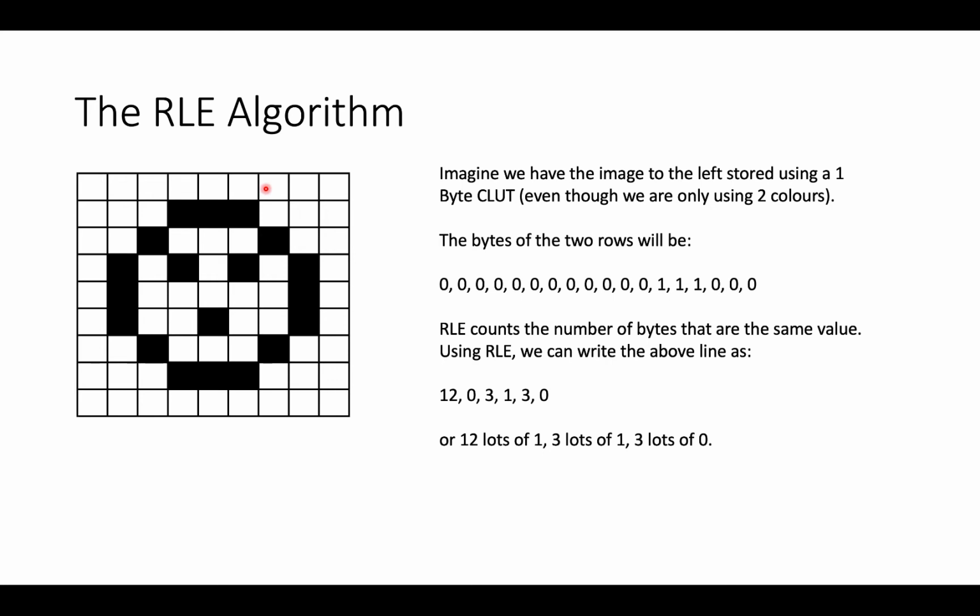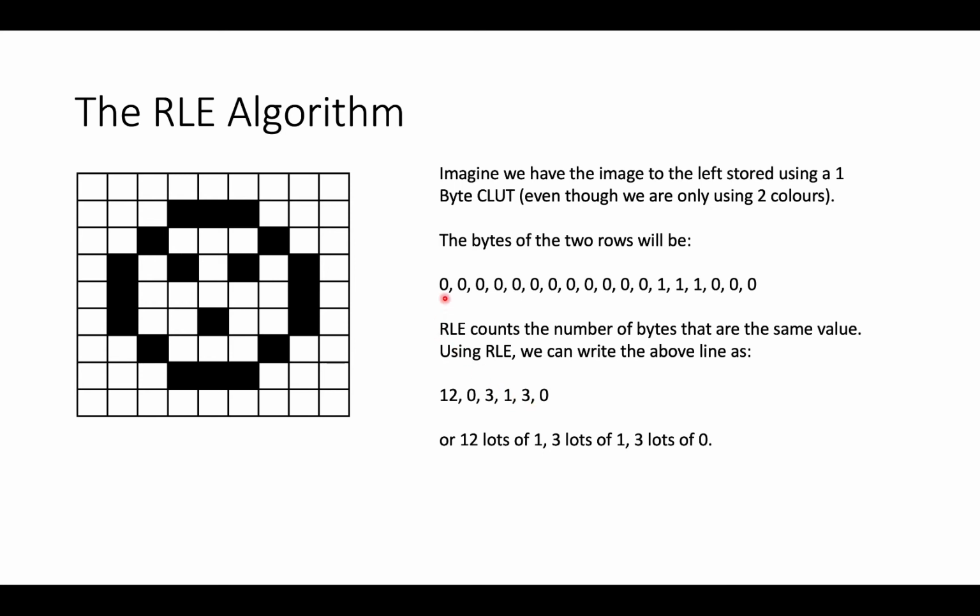So all run length encoding does is it says, well, I've got 12 zeros here, so instead of writing out 12 zeros, I'm just going to write 12, comma, 0. And then I've got 3 ones, so I'll write 3, comma, 1, and then I'll write 3 zeros.